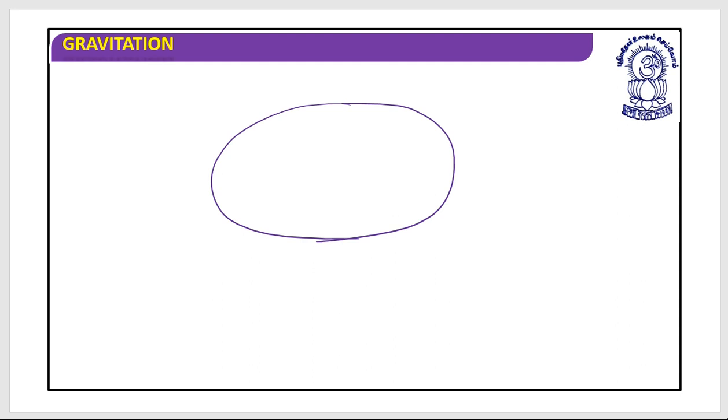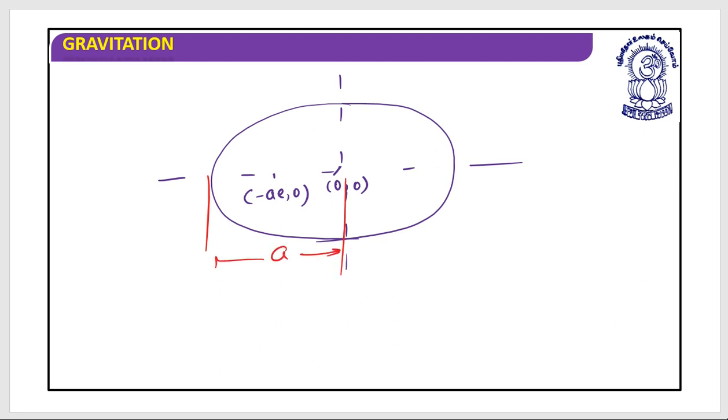This was the situation. We said this is the 0,0 location. This is one of the foci, which is at minus ae, 0, and this was the a. This was also the a. This is the perihelion. This is the aphelion.